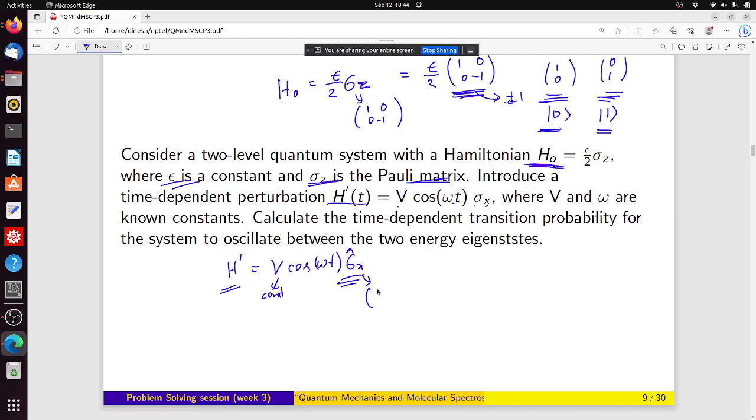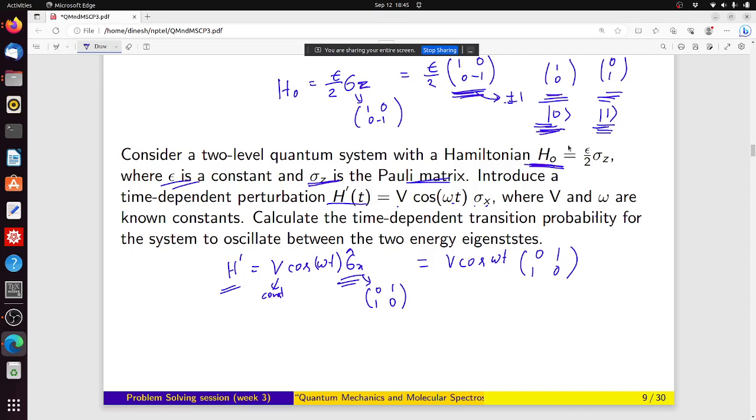This will be 0 1 1 0, so V cos omega t times 0 1 1 0. Let's assume our particle is in the 0th state initially, and it will go to the final state after some time.